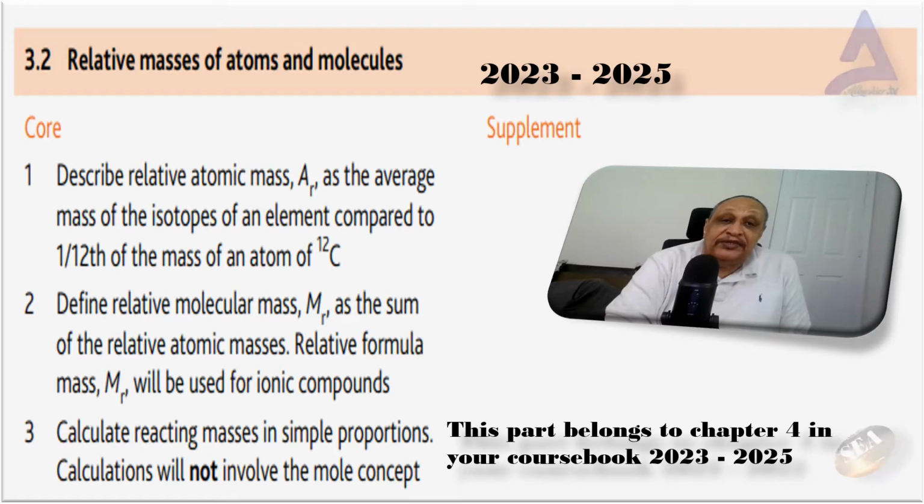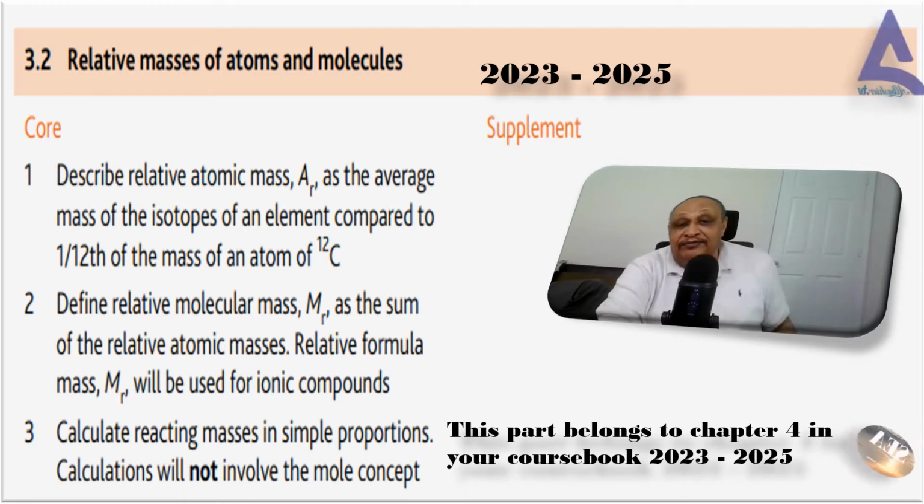It starts with 3 main items for both core and supplement: describe relative atomic mass as the average mass of the isotopes of an element compared to 1/12 of the mass of an atom of carbon 12.